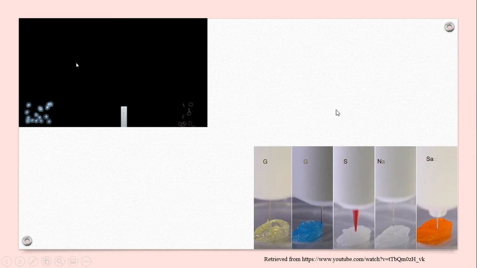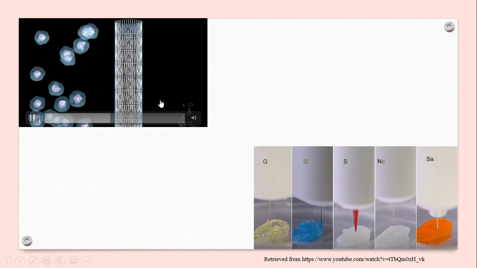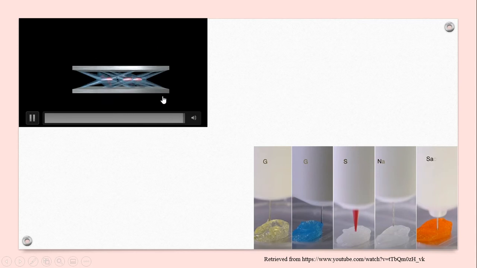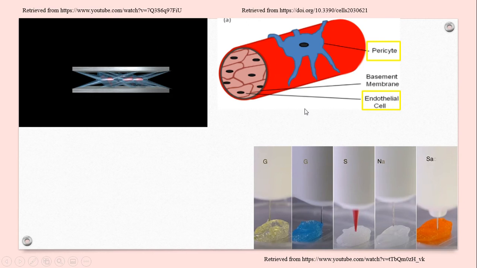Tissue engineering is a multidisciplinary field that integrates advances in bioengineering, biology, and material science. The main cells in building vasculature are endothelial cells and pericytes.